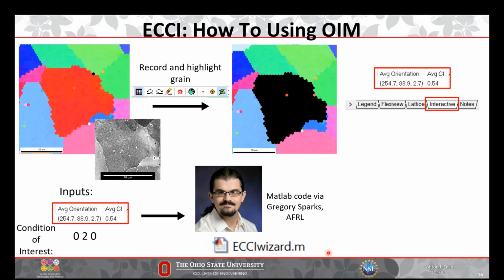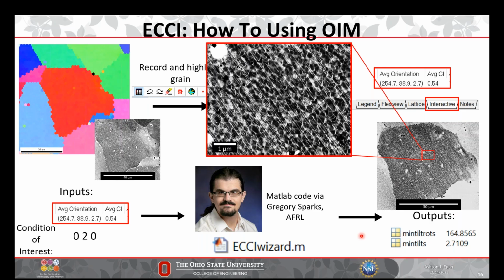It will tell you, okay, what minimum tilt and rotation combination do I need to actually drive to that vector, right? And then I type those in, tilt and rotate my stage, and then all of a sudden I can see defects. And so the key here is in the code and Greg.